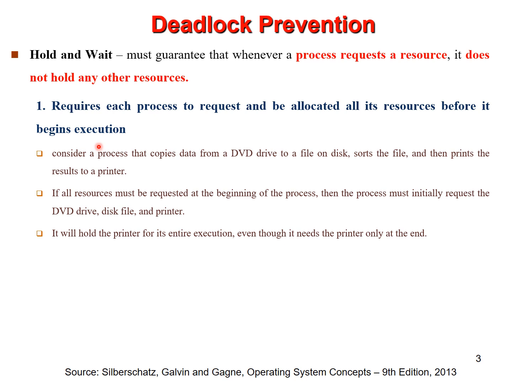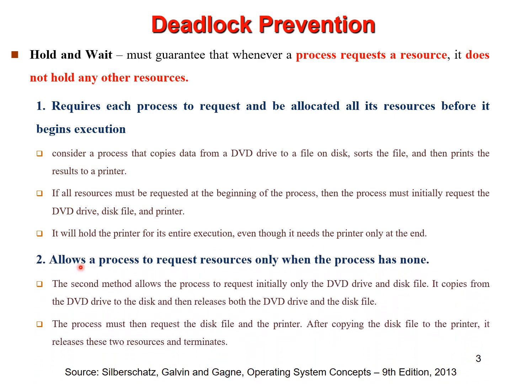That is, a process wants to copy data from a DVD drive to a file on disk, sort the file and then print the results to a printer. Here, the process should make a request and be allocated all the three resources. But the printer is required only at the end, while the process will be holding it for the entire execution. That's a drawback here.